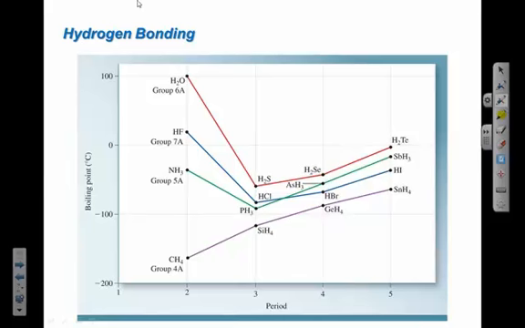The only exception is once I get to a molecule that's capable of hydrogen bonding, then that takes over as the primary force. So if I'm thinking about NH3 versus PH3, what's the difference? Well, the nitrogen is here, the phosphorus is here. The phosphorus is more polarizable.